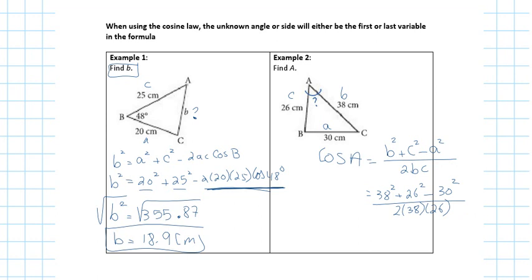Unless you know how to enter the fraction properly, I would recommend that you put it all together in the calculator. If you don't know how to put the fraction, find the answer for the top, the answer for the bottom, then do the division.